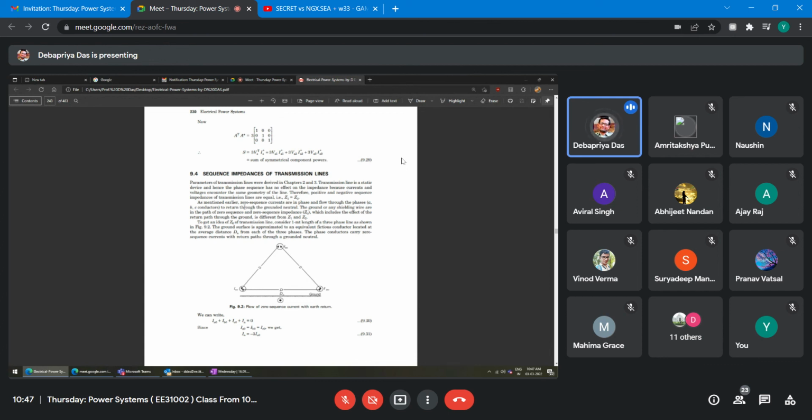Actually, look, the first power system was started in 1882, and that was nothing but a small distribution network. And today, after 140 years, we are standing here. So a lot of development is there. And in the future also, renewable energies and batteries are getting a lot of importance.